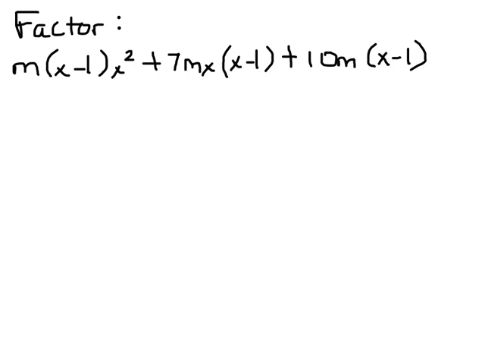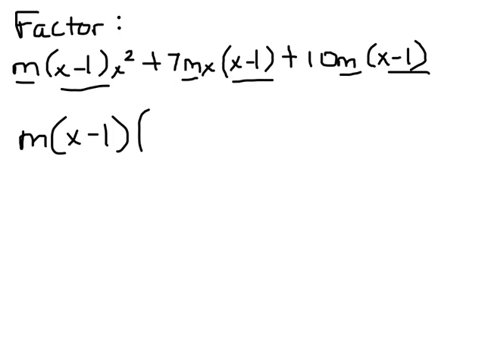All right, we're going to do one more, and we're going to see what all of these have in common. Well, as I look, I see obviously that they all have x minus 1, but I'm looking closer and I see that they all also have an m somewhere. So I'm just going to take out the m, x minus 1. Now I'm finished with that. What do we have left?